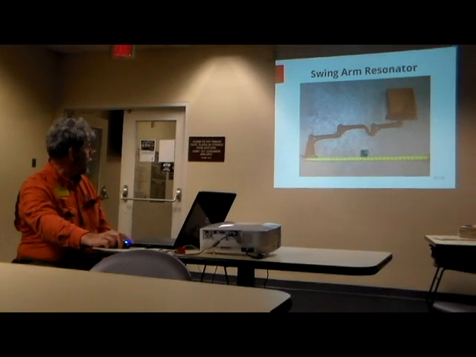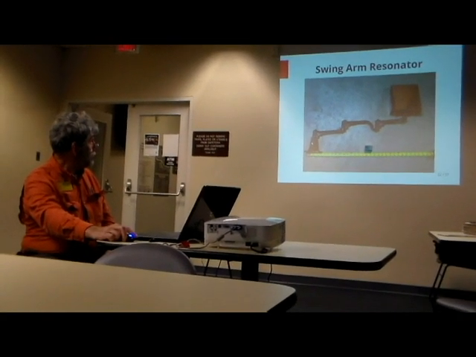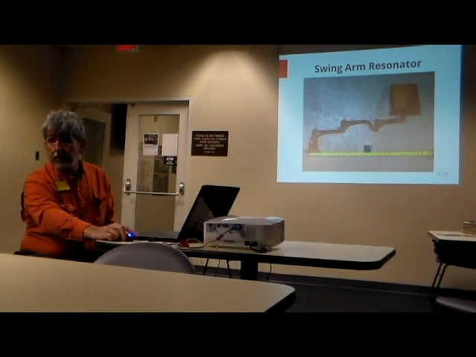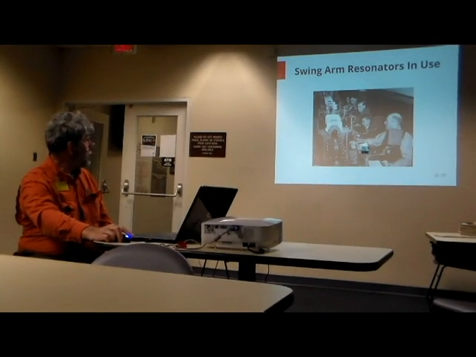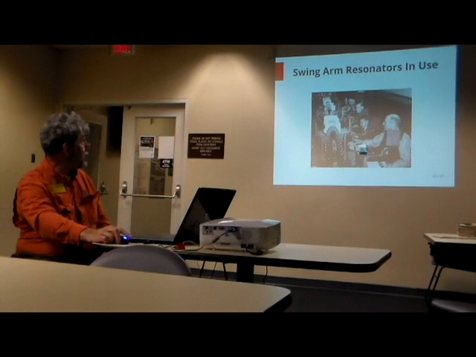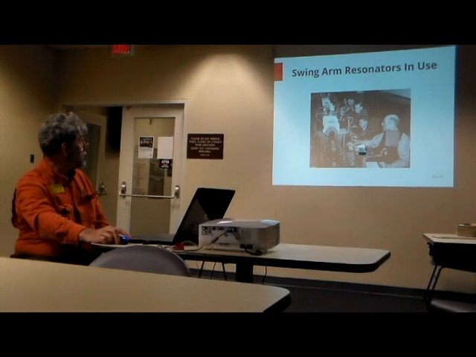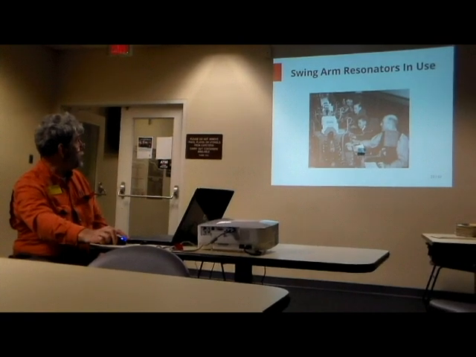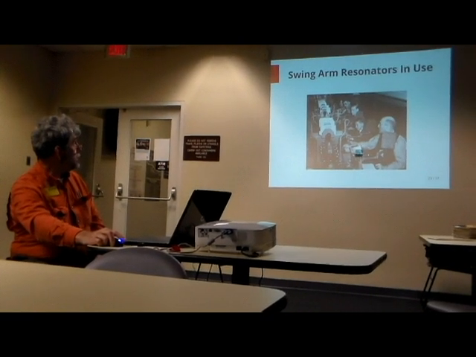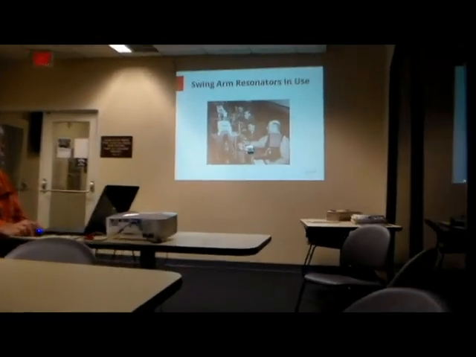But that thing could extend from its base a little more than 2 feet. Why would they need to do that? Well, this is why. This gives you an idea of the age range of telegraphers, because this young fella here, if he's more than 16 years of age, it would be a tremendous surprise to me.